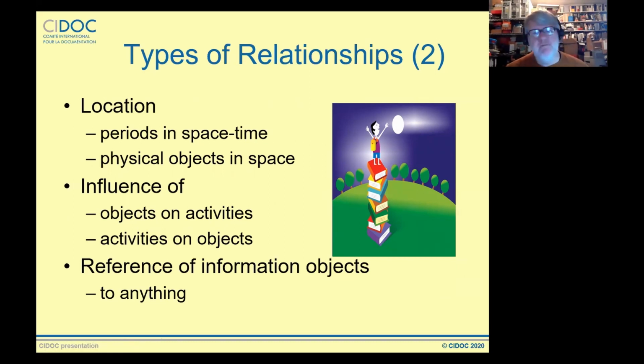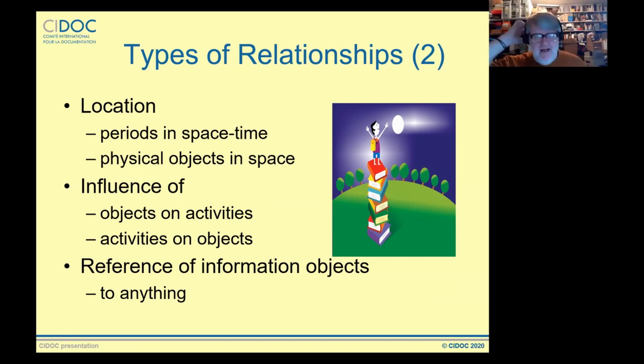You have to say the Roman period in the UK or in Italy, and they're different. They have different temporal extents in different space. And we can also talk about the location of physical objects in space. So where something is. So where is my light? Where is the weasel?